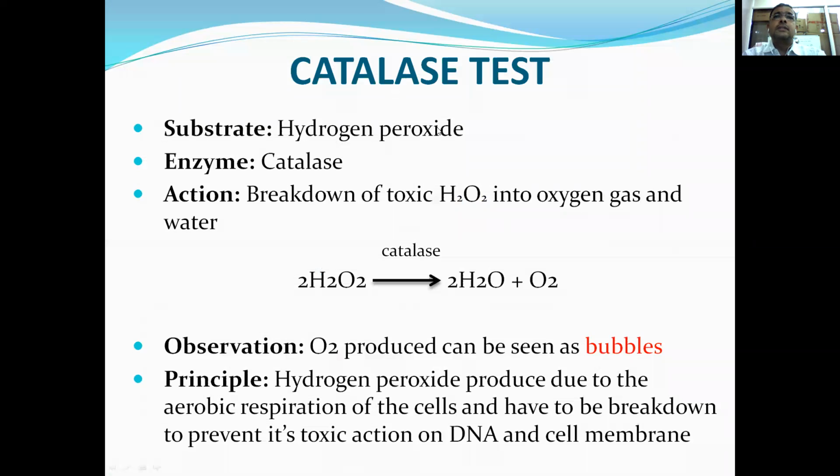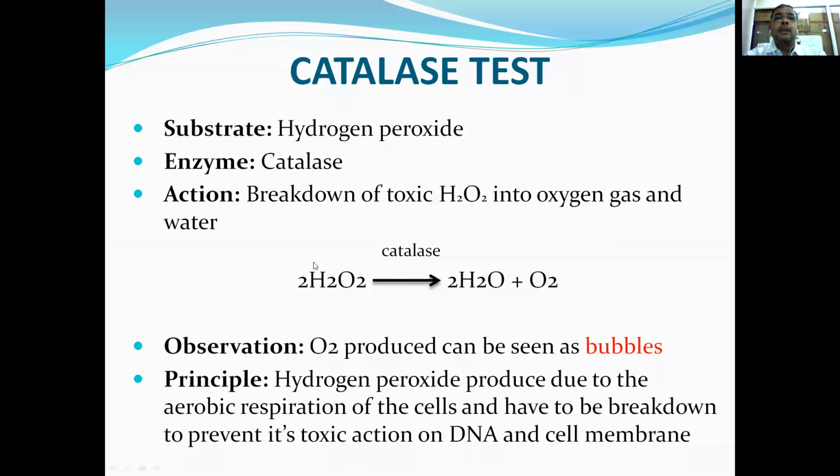Generally in this test, we are using hydrogen peroxide. Again, it is 3% hydrogen peroxide. I forgot to write it, so you have to remember. We utilize 3% hydrogen peroxide as a substrate, the enzyme is catalase, and the product is oxygen gas.